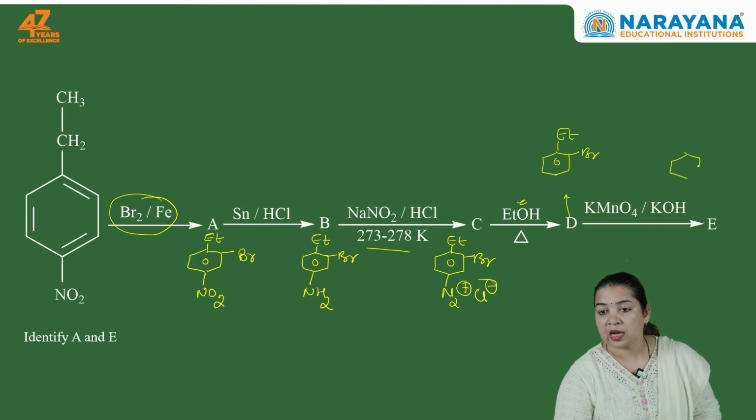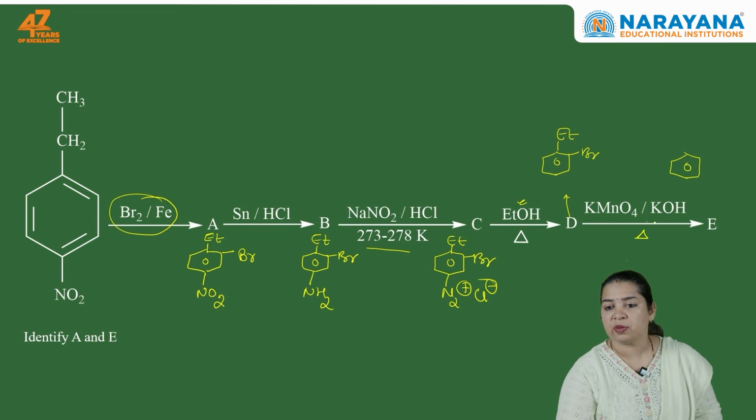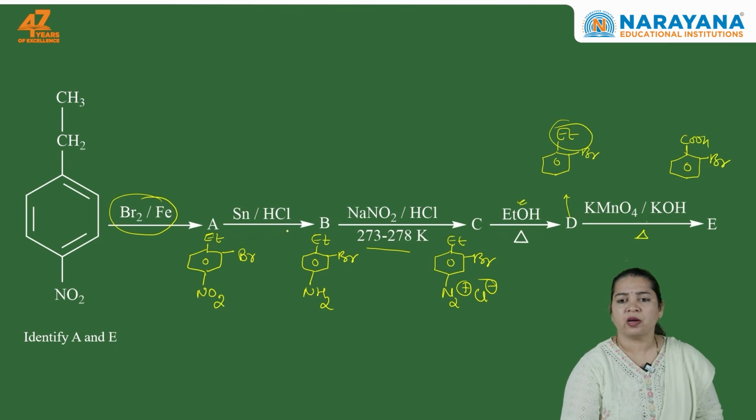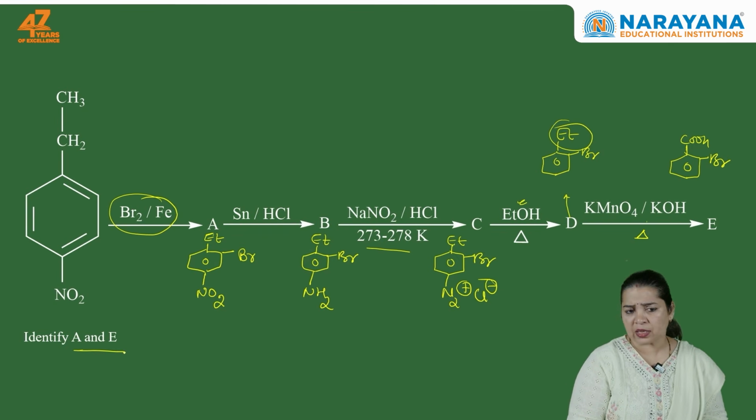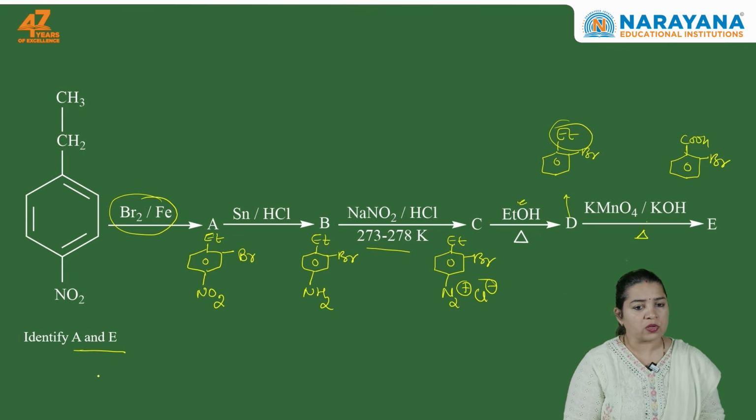Now E, alkaline KMnO4, definitely heat must be there and it must have been in the paper. Any alkyl, regardless of the number of carbons, will always be oxidized to COOH, carboxylic acid. It appears here that identify A and E, there must have been 4 options there when you were doing this question.